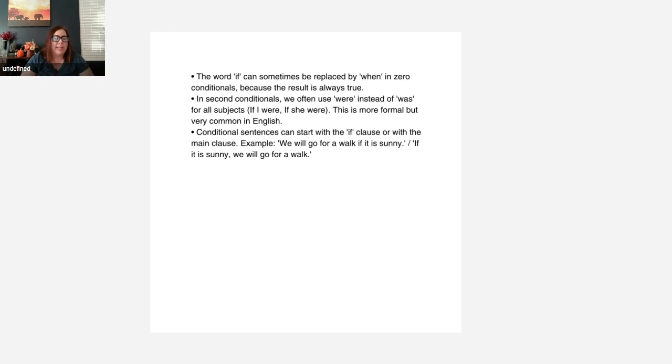It's the same sentence, same conditional, it's just reversed. We will stay home if it rains. If it rains, we will stay home. So my point is you don't have to start off with if. You can start off with the result of the sentence and put if at the last part of it.